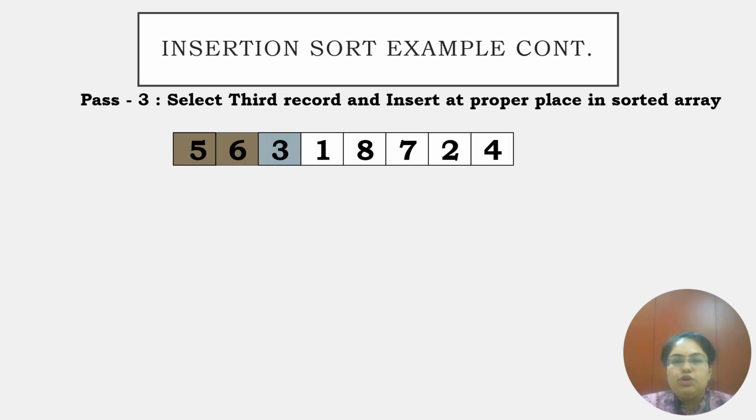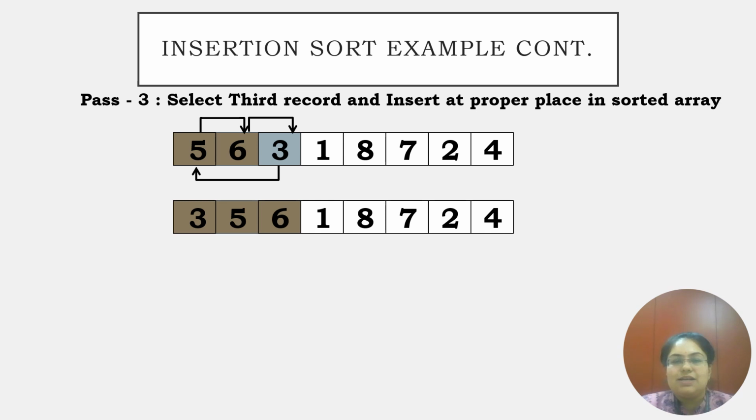Now we select the third record and insert it in the proper position. If we compare 3 with 5 and 6, we find that 3 will be at the 0th index, 5 at the first index, and 6 at the last index. So we sort it in that manner.